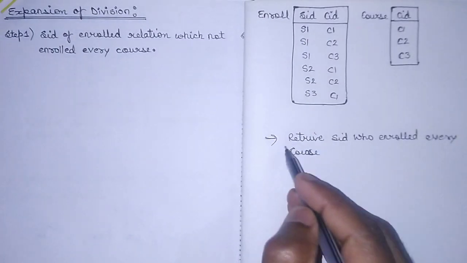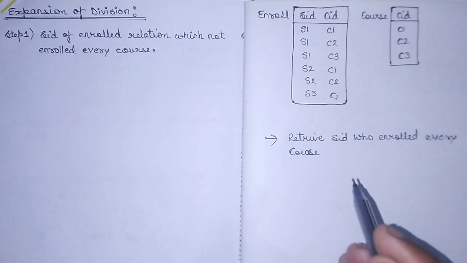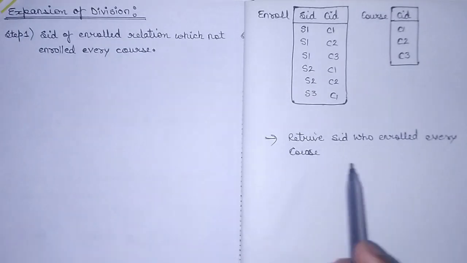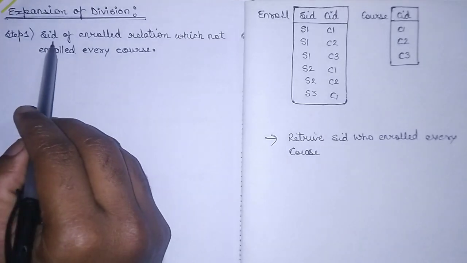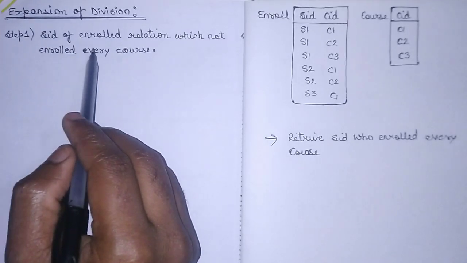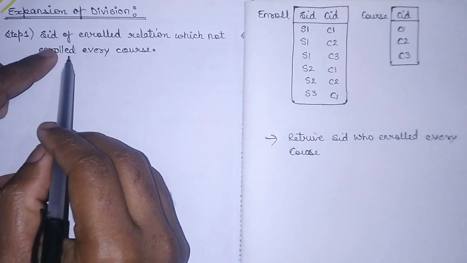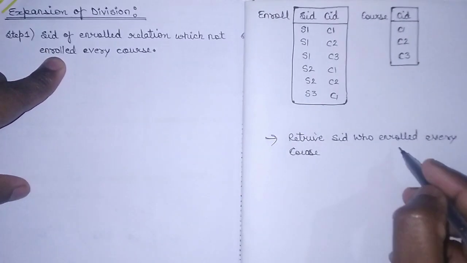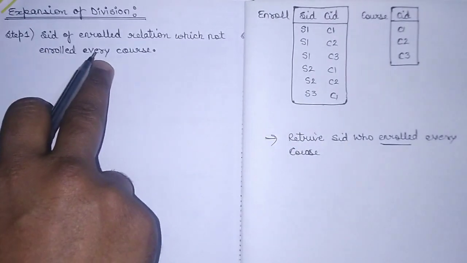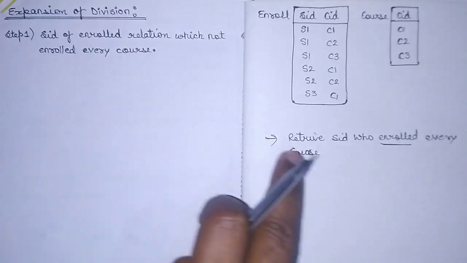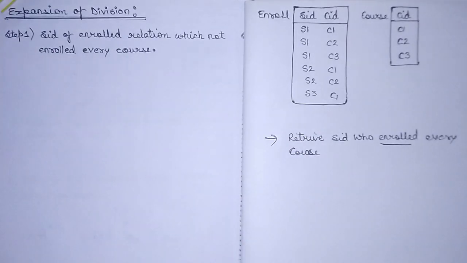This particular query has two steps to solve it. First of all, we need to negate it. First step is to negate it. That means we have to find out the student ID of the enroll relation which is not enrolled in every course. Here we are talking about enrolled, here we are talking about not enrolled. So this is the first step to solve this particular query by expansion.